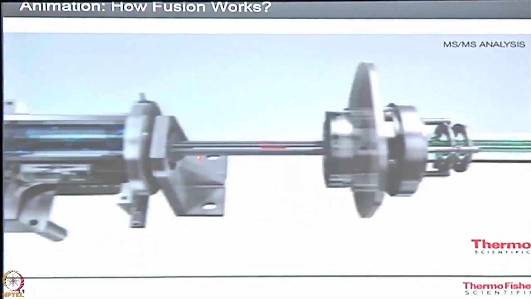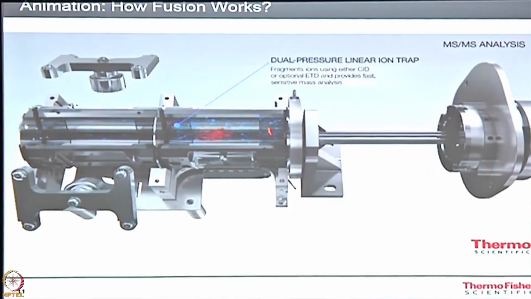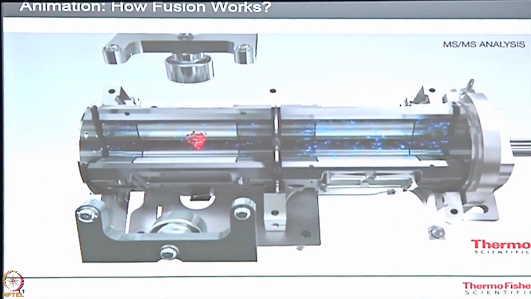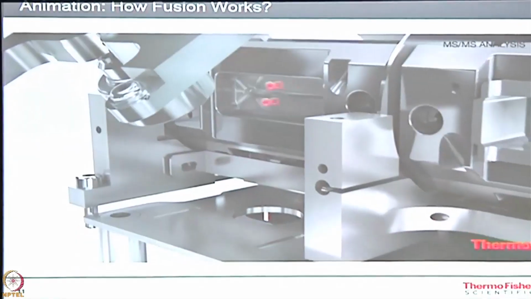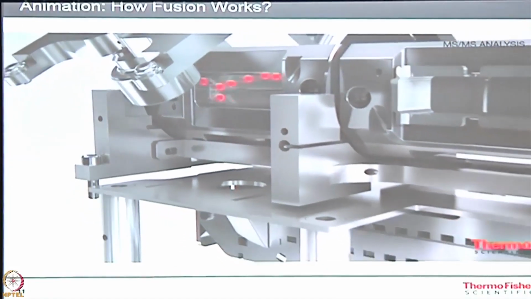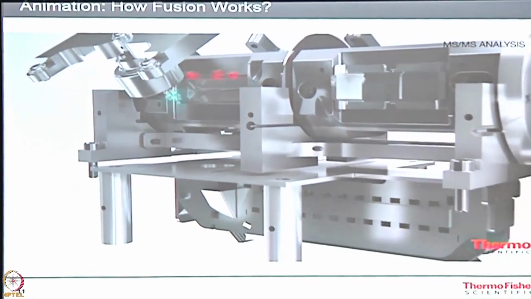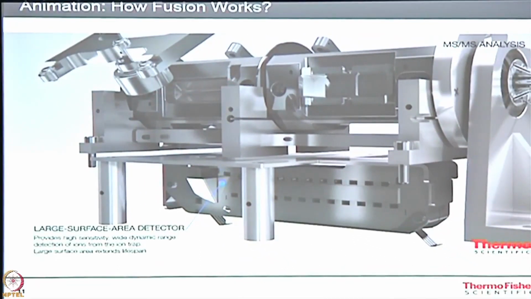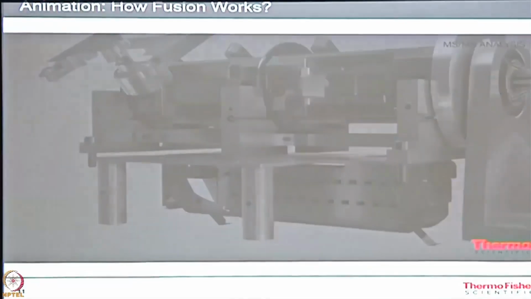After fragmenting, it goes to the ion trap, where it is stored first and then trapped, and then it gets detected. Okay, so it's detected here with the large surface area detector.